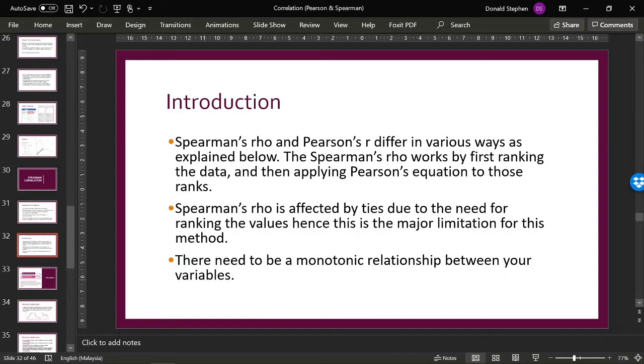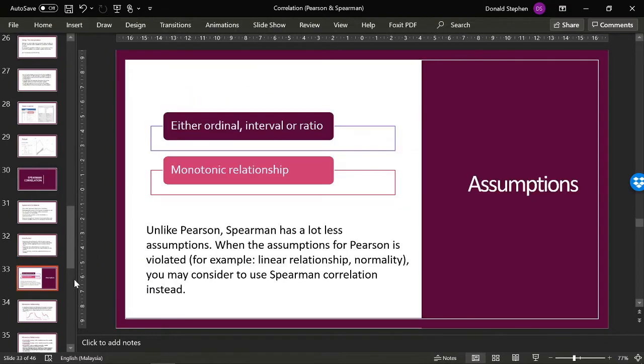Another important part of Spearman correlation is that there needs to be a monotonic relationship between your variables. Later on I will show you what this is. These are the assumptions of Spearman, only this: your variables can be either ordinal or continuous, and you have a monotonic relationship.